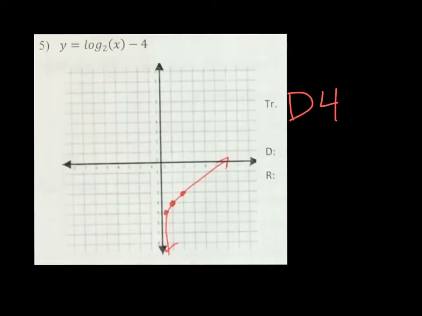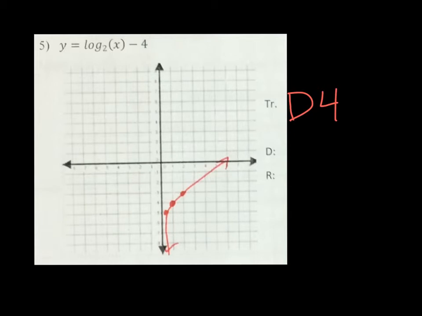Because we're only going down 4 units, because there's no horizontal move, my asymptote doesn't change. I don't have to redraw it. And I just take my 3 basic points, and drop them 4 units. So this becomes 1/2, negative 5, 1, negative 4, 2, negative 3.